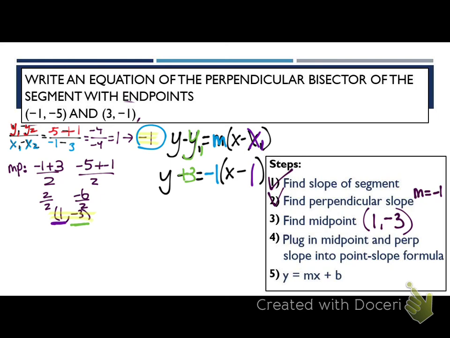I would check your slope. Yes, ma'am. Is my midpoint right for this one? Not quite. This is 3 away from 5, but it's 1 away from -1. That's a negative.